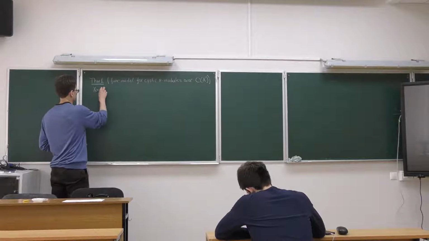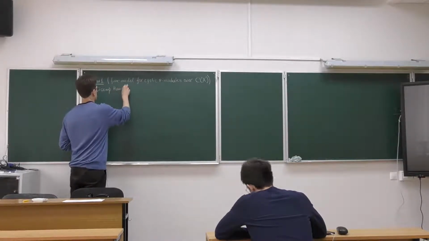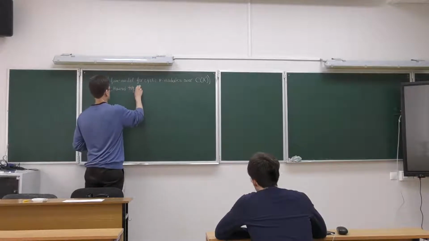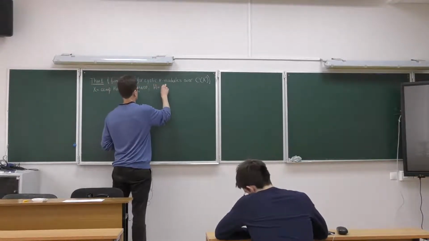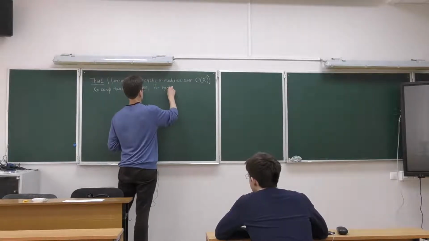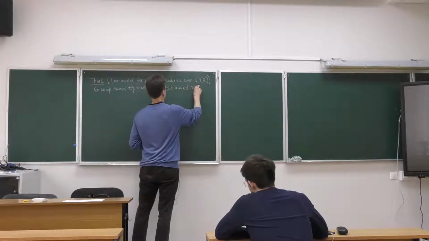So suppose that X is a compact Hausdorff topological space, and suppose that H is a cyclic star module over C(X).